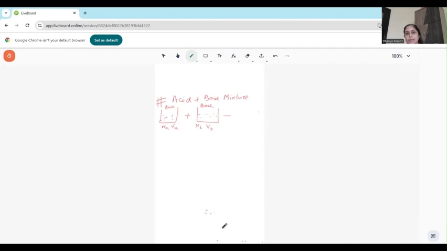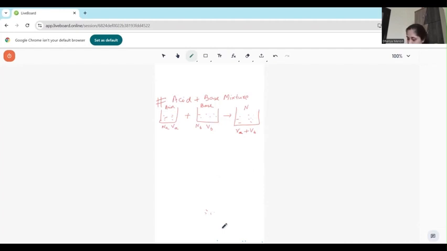Now in this case, before considering the normality of the mixture, you need to consider whether the solution is acidic or basic when you mix them. According to that, we have to use the formula. So you have to check if Na Va is greater than Nb Vb.